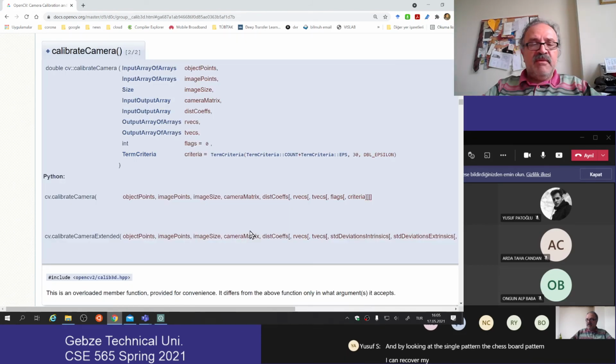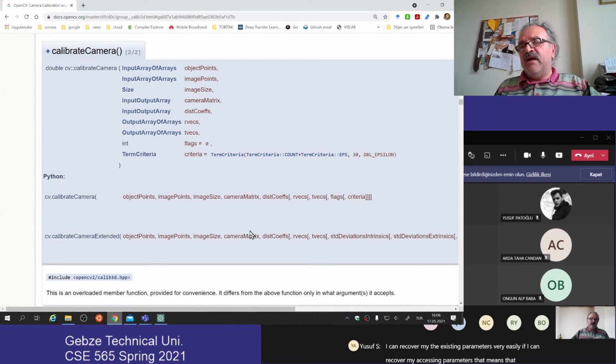If I can recover my extrinsic parameters, that means that I know where my camera is in the real world. Okay, I know everything. I can do many things, because if I know where the camera is, I can do all kinds of projections between the real world and the image space. Okay, good. Are there any questions?